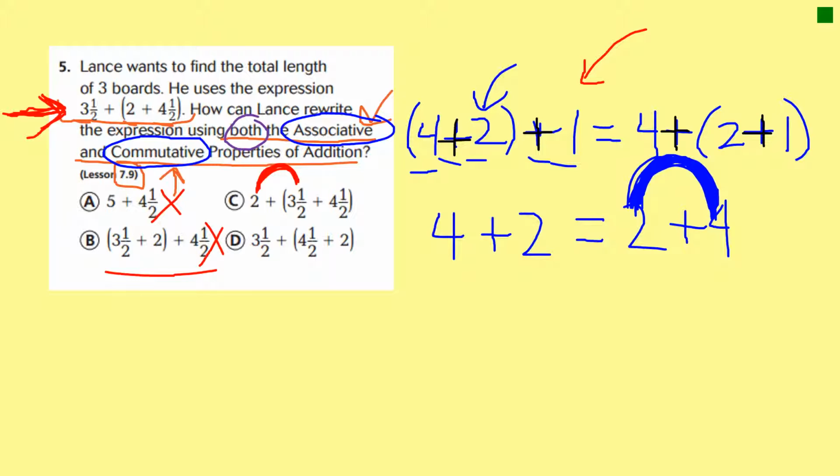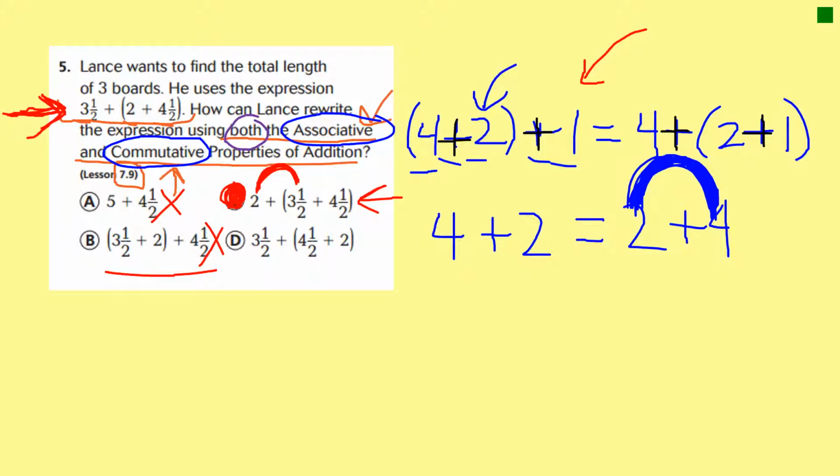Switched, the position has been switched. So different numbers are inside the parentheses. Okay? Ding, ding, ding. So they use the commutative property by changing the order of the numbers being added, and they use the associative property by changing which numbers are added in the parentheses. All right, so it's got to be C.